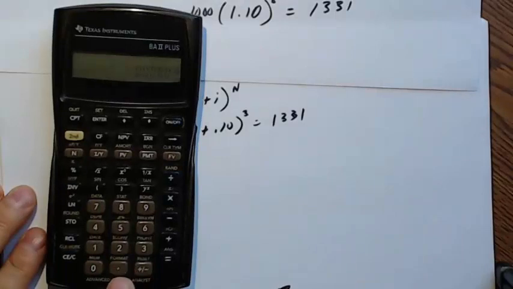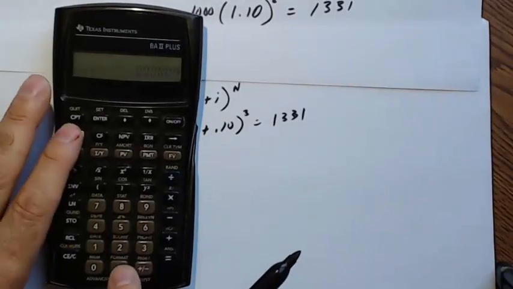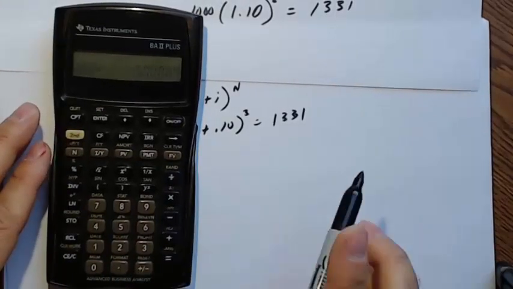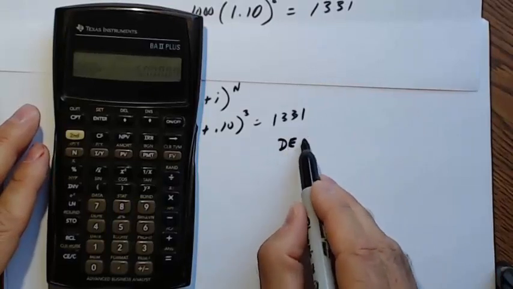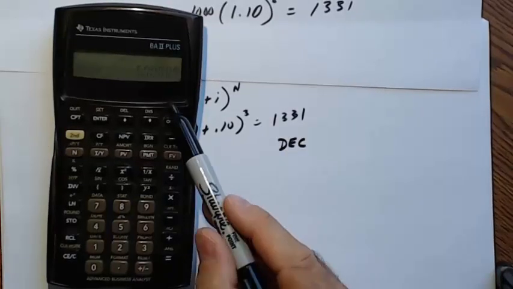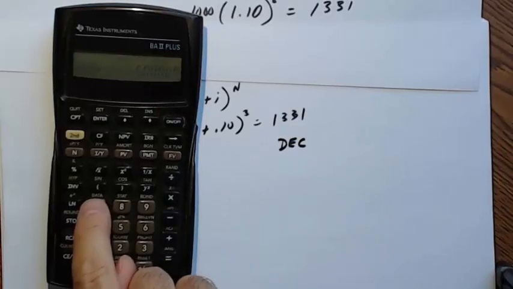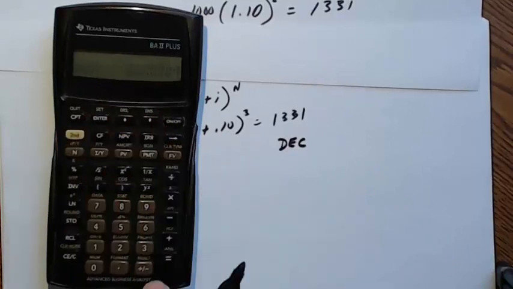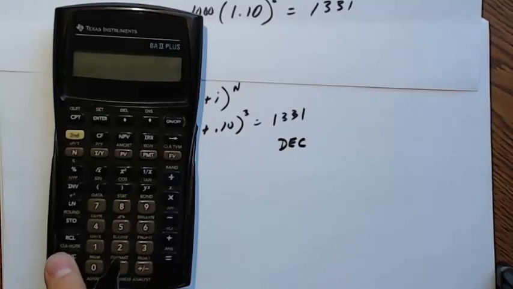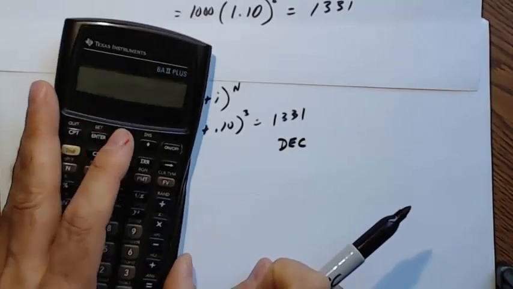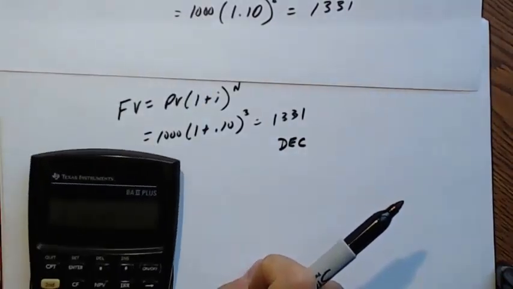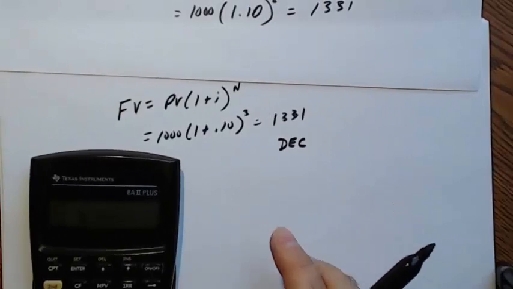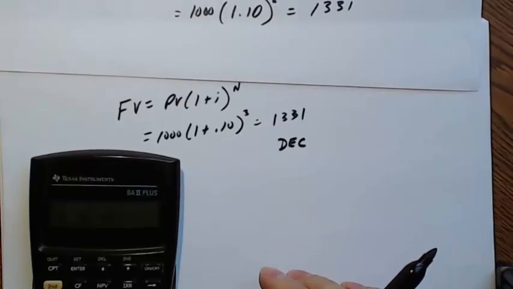It'll say DEC, meaning decimals. Right now I have it set for 5 decimals. If I wanted to change it to 7, I'd hit 7 and then enter. Then I have 7 digits to the right of the decimal. That's far more than enough. Two is not enough in this course, so set your calculator so that you have at least 4 digits to the right of the decimal.